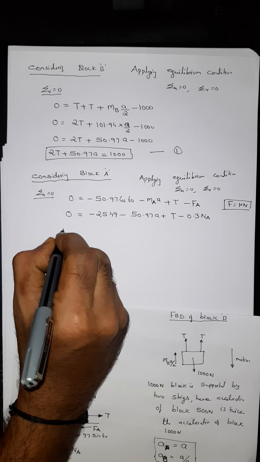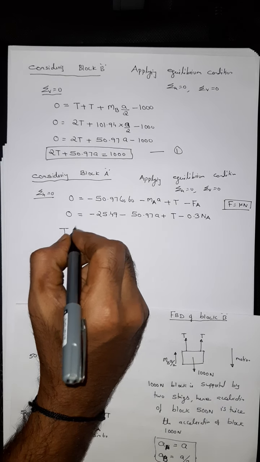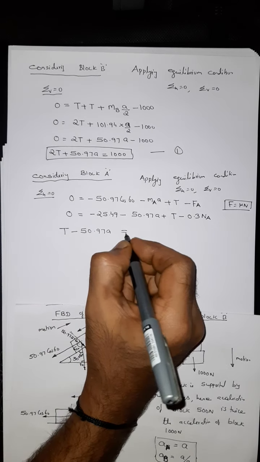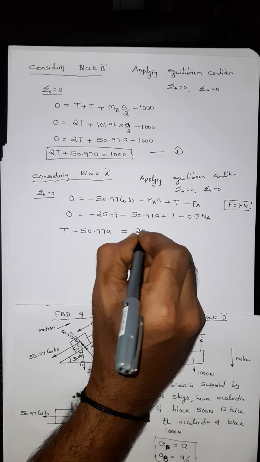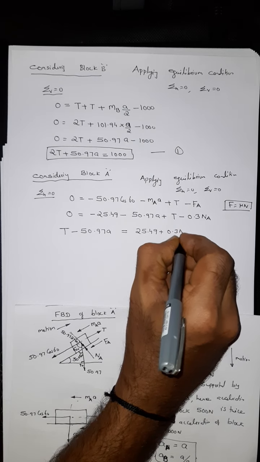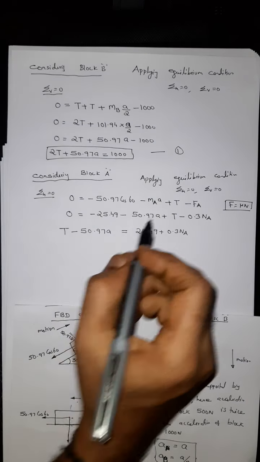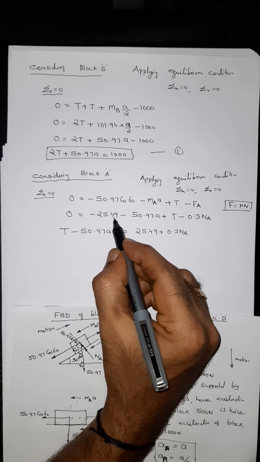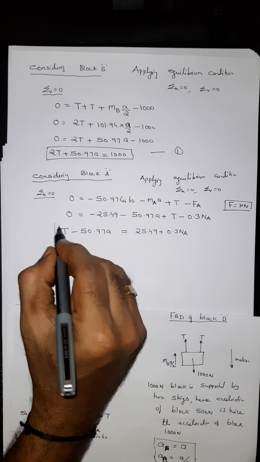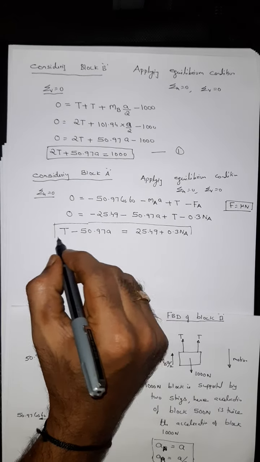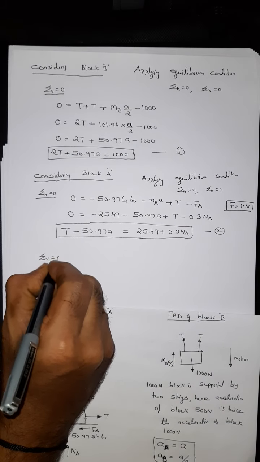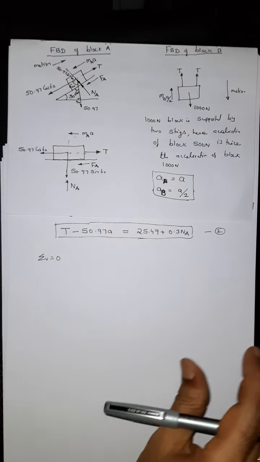This equation can be rewritten as T minus 50.97 A equal to 25.49 plus 0.3 NA. When the 25.49 goes to the left-hand side, the 0.3 becomes positive. This is equation number 2.